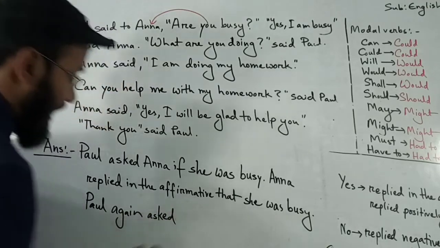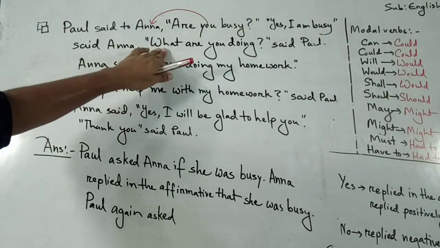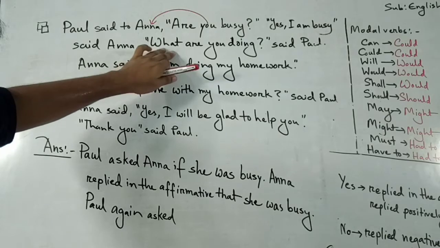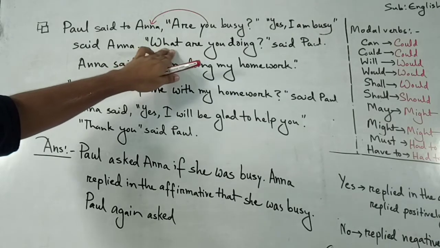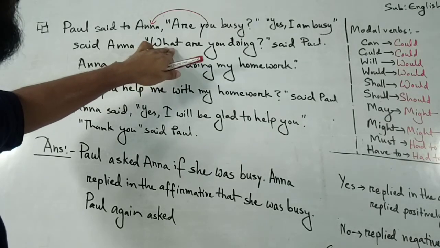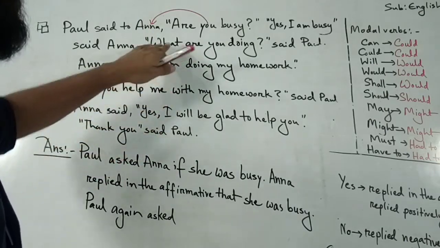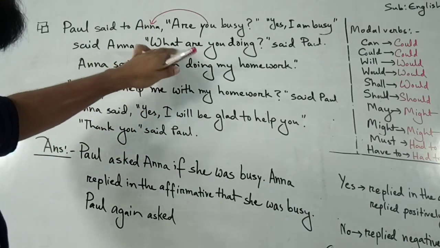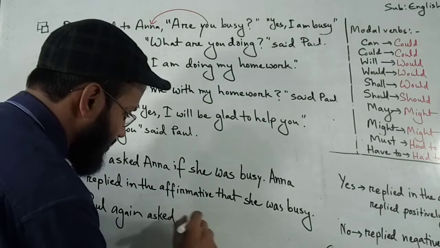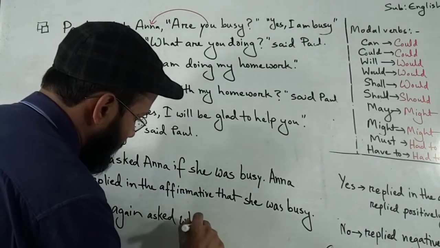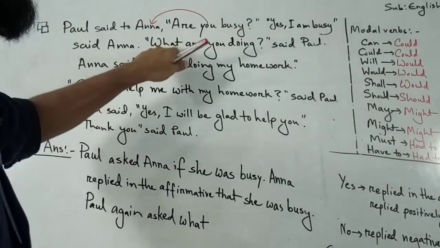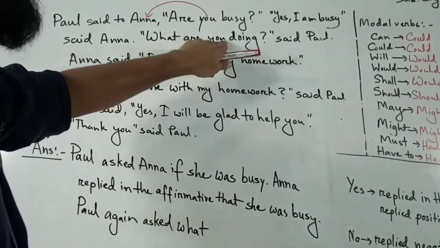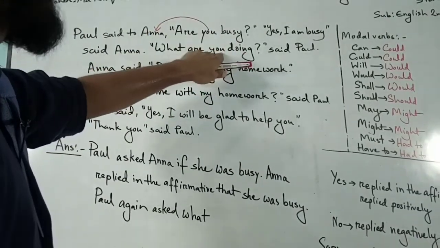Paul again asked. Now you must remember that this one is a WH question, as we have learned in the previous video. So for the WH question, we don't use anything like if. We just simply put the interrogative pronoun, which turns into the relative pronoun, what, and after that we have pretty much the same structure as a yes/no question.